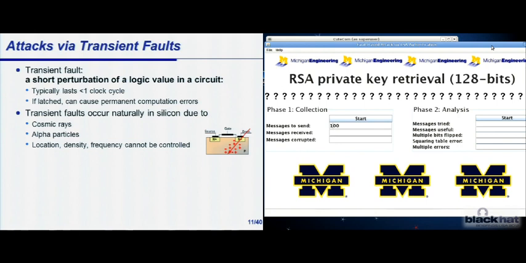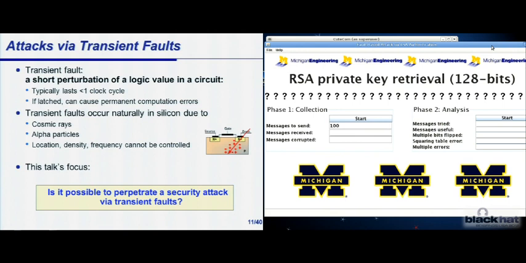If you live in Denver, you're at higher risk, because it's a higher altitude, and so there is a higher density of alpha particles and energetic particles in general that can create transient faults. If you're on an airplane, it's a little bit higher too. But if you are in outer space, then they're really dense. Then you get beaten by transient faults all the time. So you would say, OK, transient faults are not really a concern. I have bigger things to worry about. Probably my RSA authentication is going to work well.